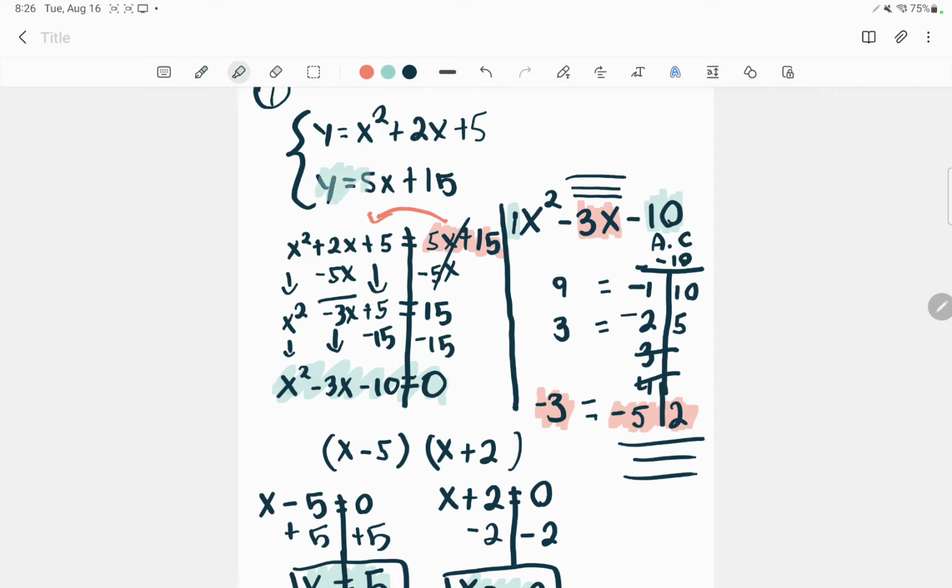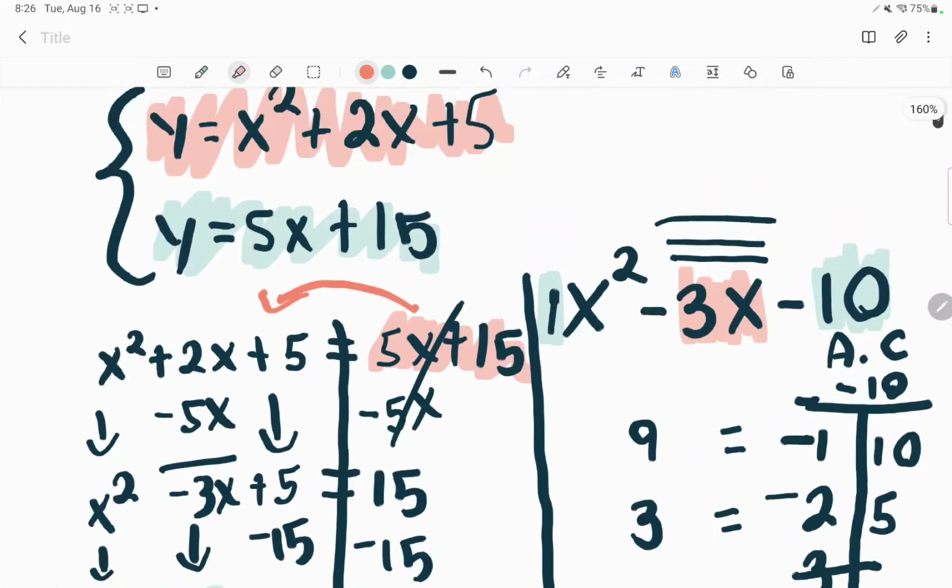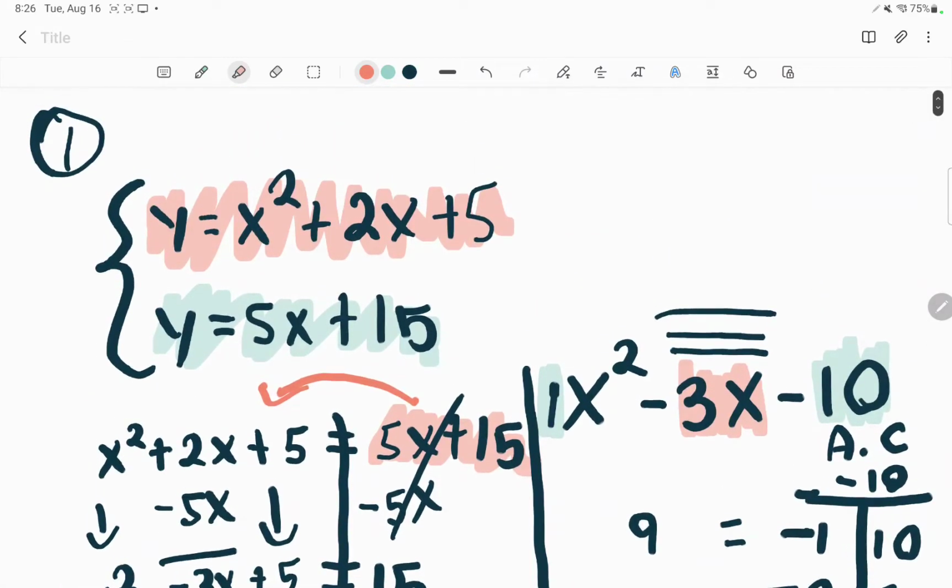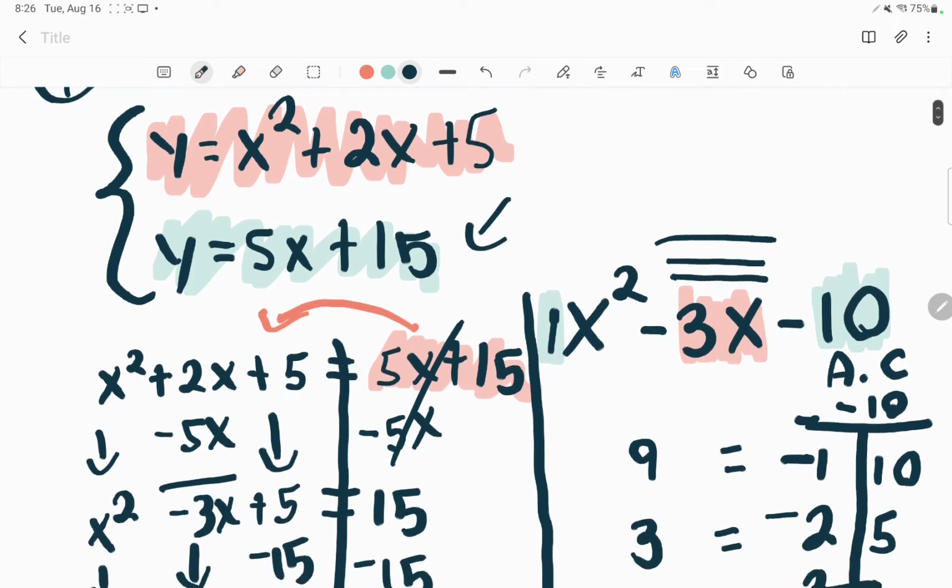So it's this guy right here, and it's going to be this guy over here. Now, it's up to you which one you want to use. But I'm looking at the second one, and I think I'm going to use that one because I think it should be easier. So this one right here, that's the one I want to use.